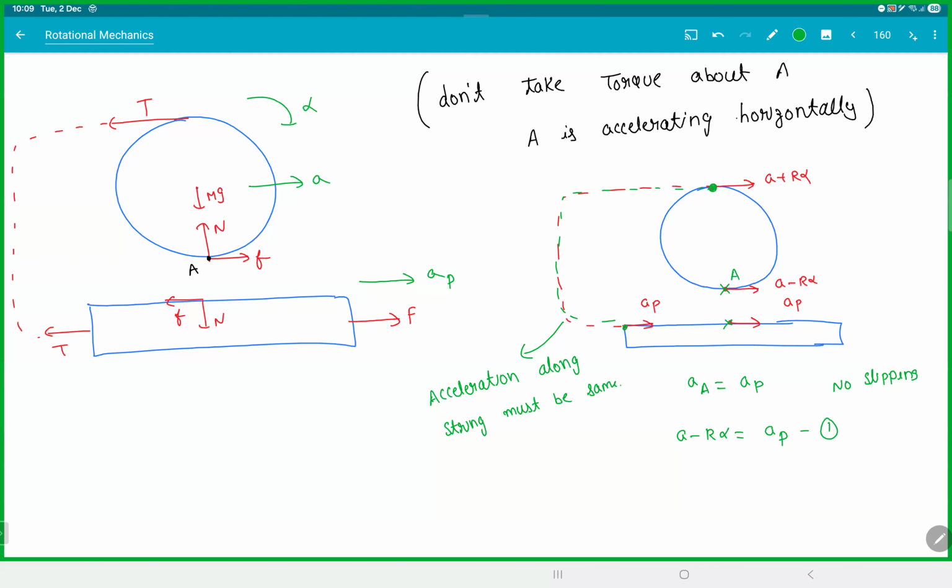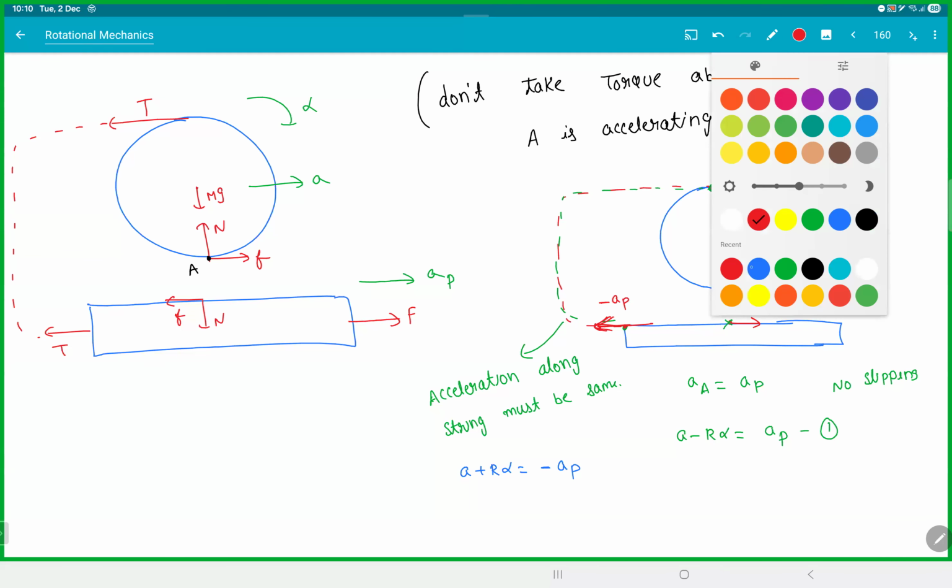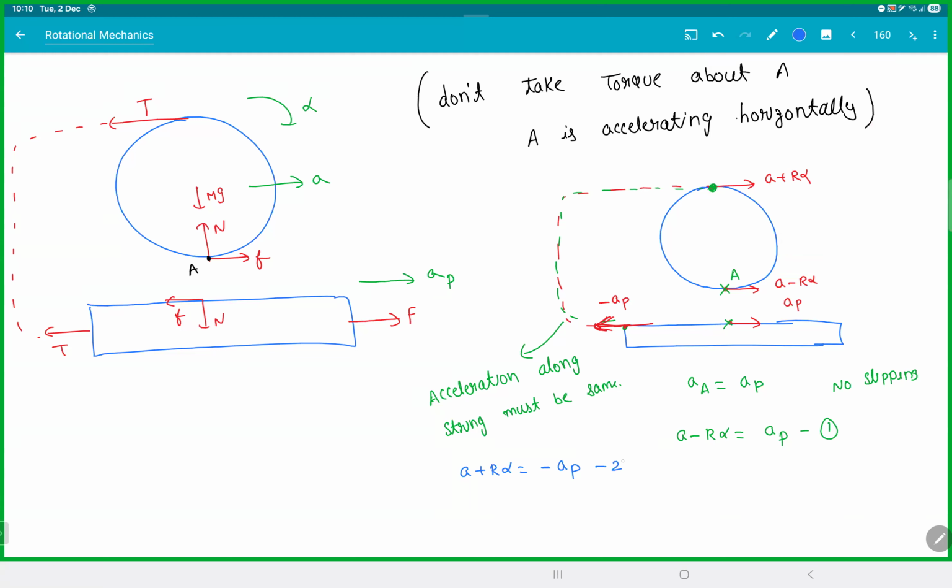But if acceleration along the string is same, this will be A plus R alpha must be equal to minus of AP. Are you clear with this? So this point here is going backward with minus AP. Agreed? That point is actually going forward, isn't it? But we want along the string to be same. So this is your second equation. This is your string constraint. So there are two constraints here.